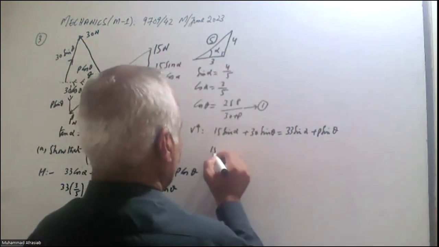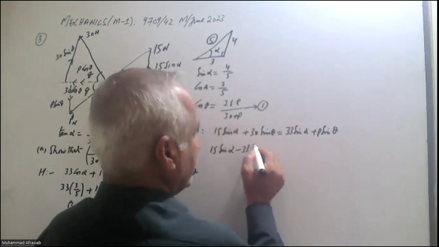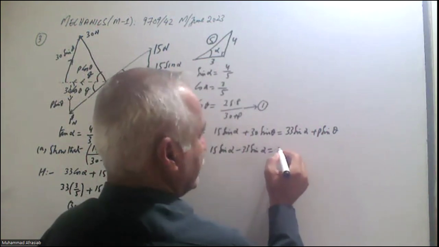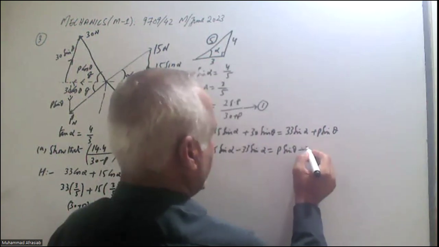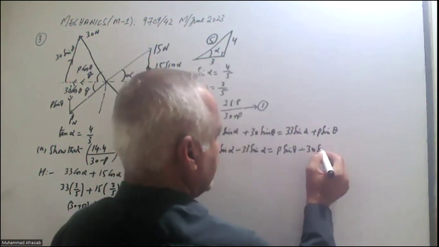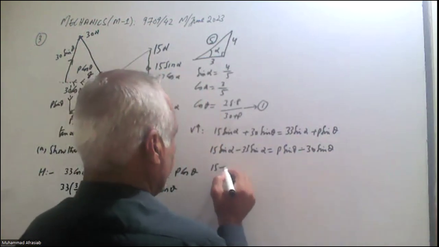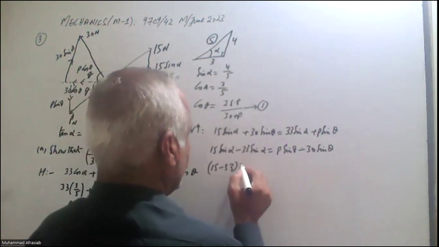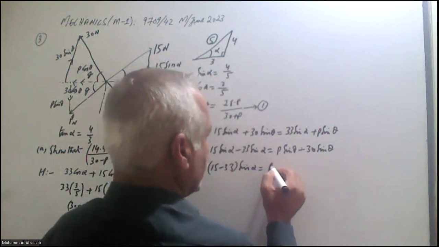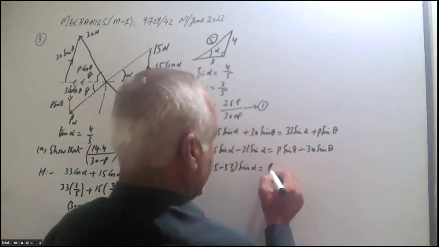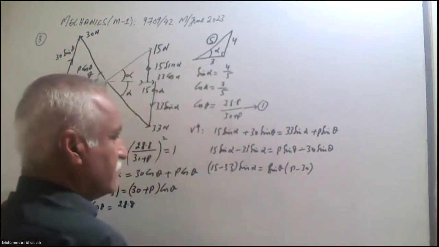Now 15 sine of alpha minus 33 sine of alpha is equal to P sine theta minus 30 sine theta. It is 15 minus 33 into the sine alpha value, equal to sine theta into P minus 30, where sine theta is common.